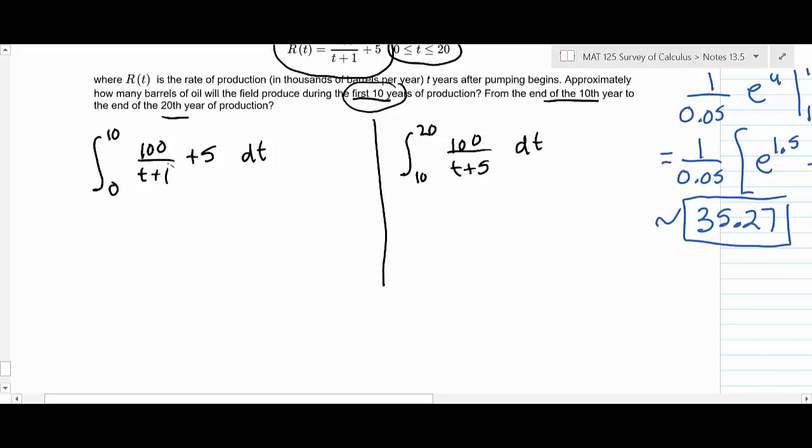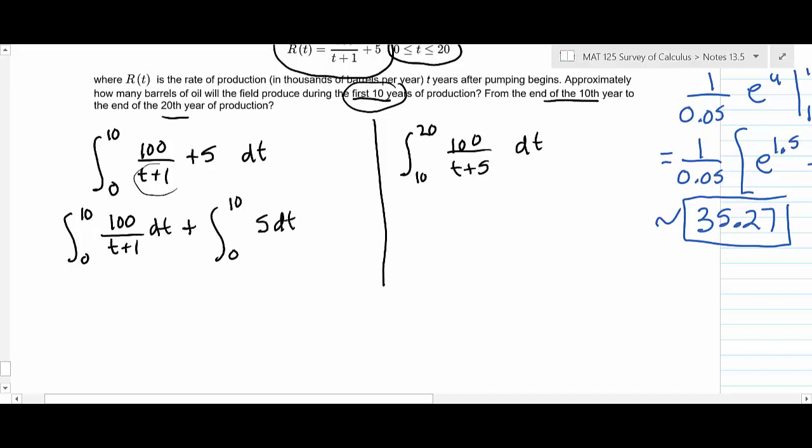If you wanted to do a U substitution, you would probably want to do u equals t plus 1. And before you do that, you would want to break this up into two integrals. So I'm going to do this to start with: the integral from 0 to 10 of 100 over t plus 1 dt plus the integral from 0 to 10 of 5 dt.